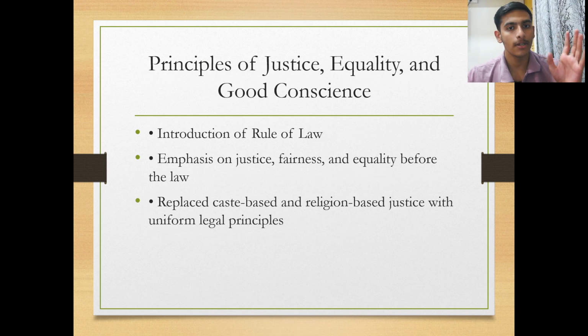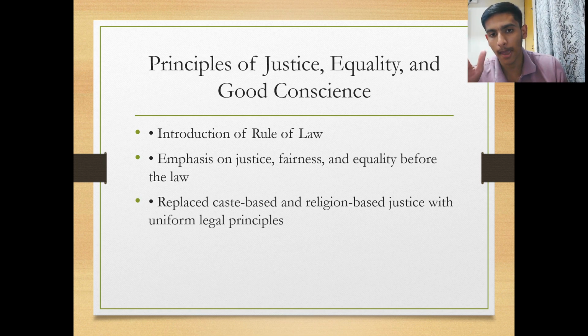Then again, the principles of justice, equality and good conscience. Everywhere we go, we see these three principles. So that is basically how the rule of law was established, which means that no one is above the law. This term emphasizes justice, fairness and equality before the law, which means it is the duty of the law to ensure that no injustice happens and there should be a fair trial for each and every person, despite where he comes from.